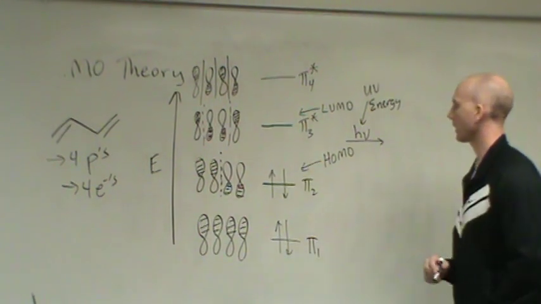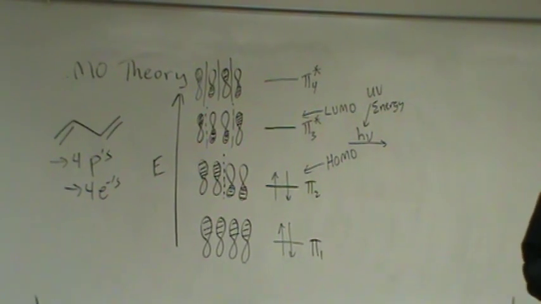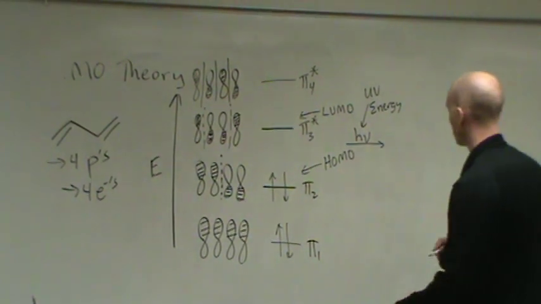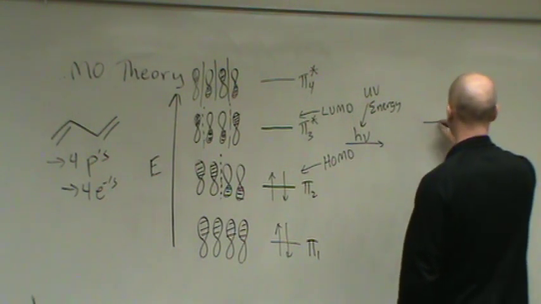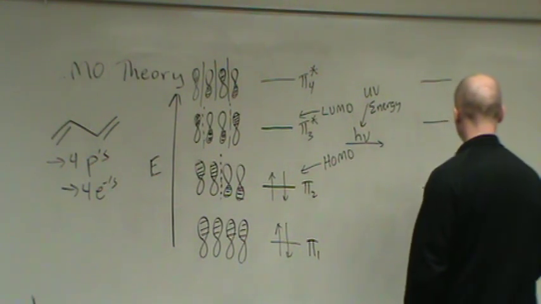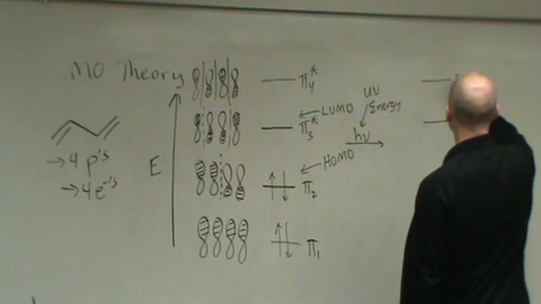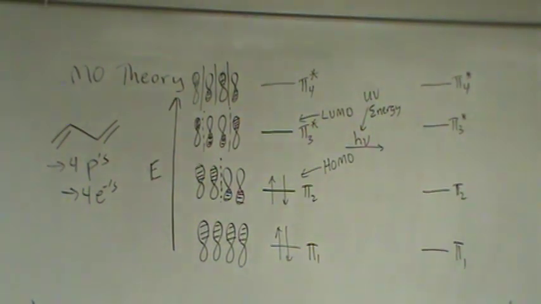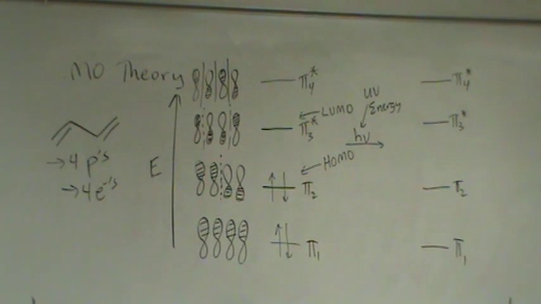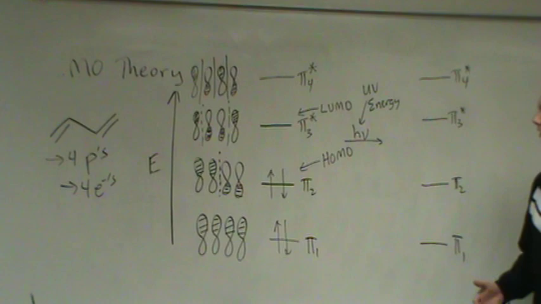and we apply H nu, which stands for ultraviolet energy, we redraw these four here. What happens is we get a little shift of electrons.